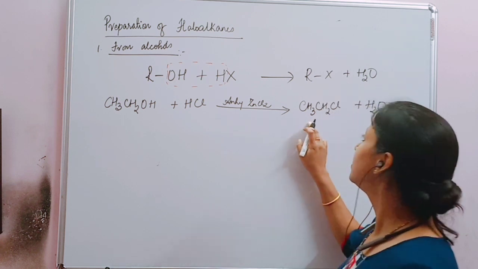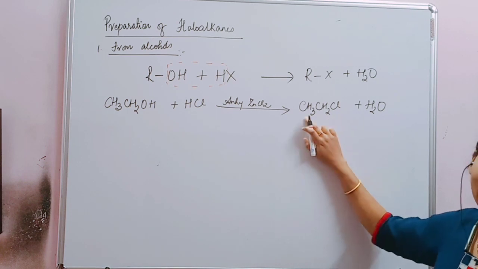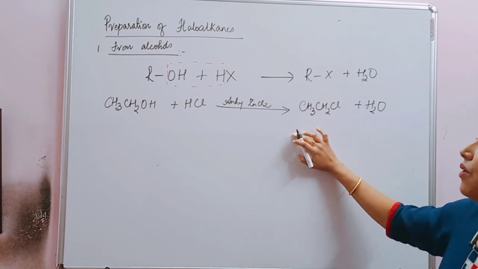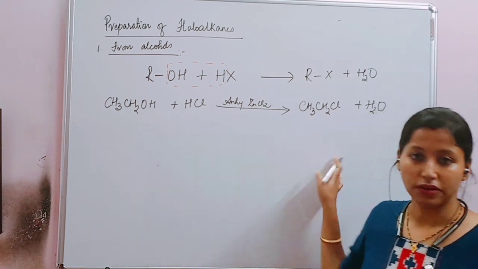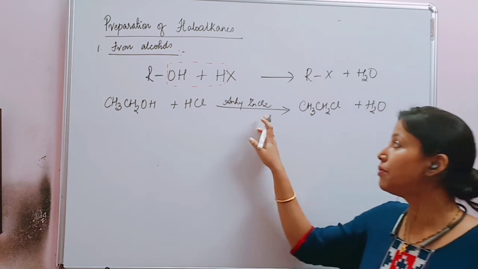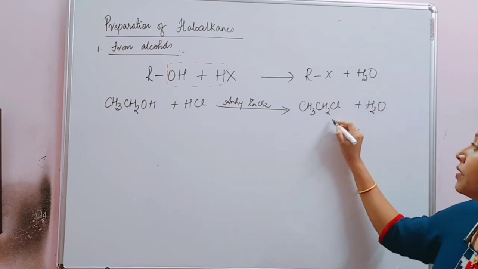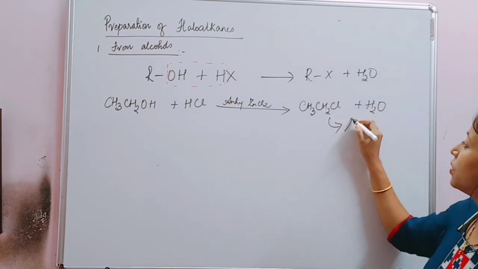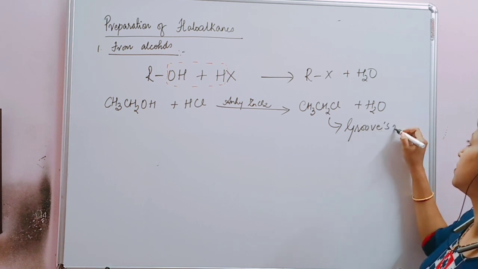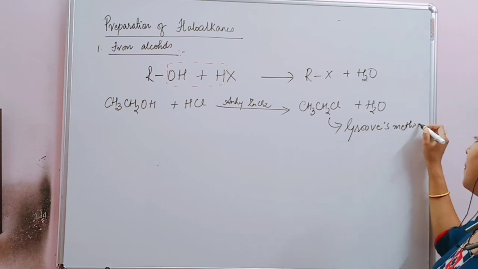This is chloroethane or ethyl chloride. Now, when we choose an alcohol and treat it with a halogen acid in the presence of anhydrous ZnCl2, this method is called Groove's method. G-R-O-V-E'S. This is Groove's method.